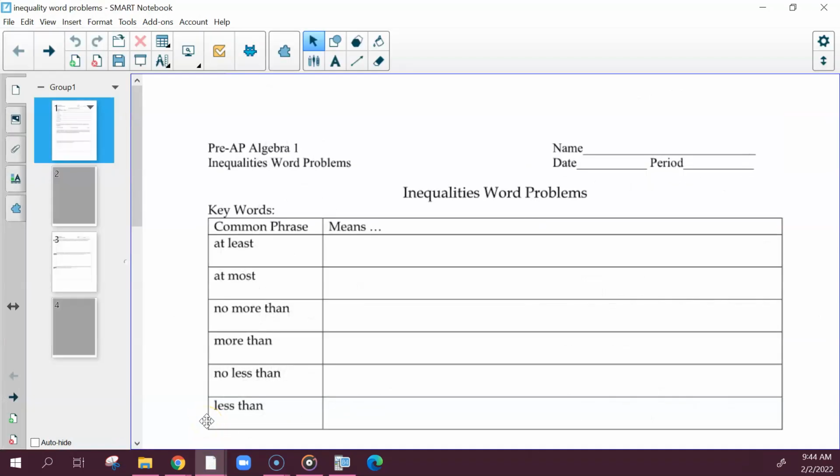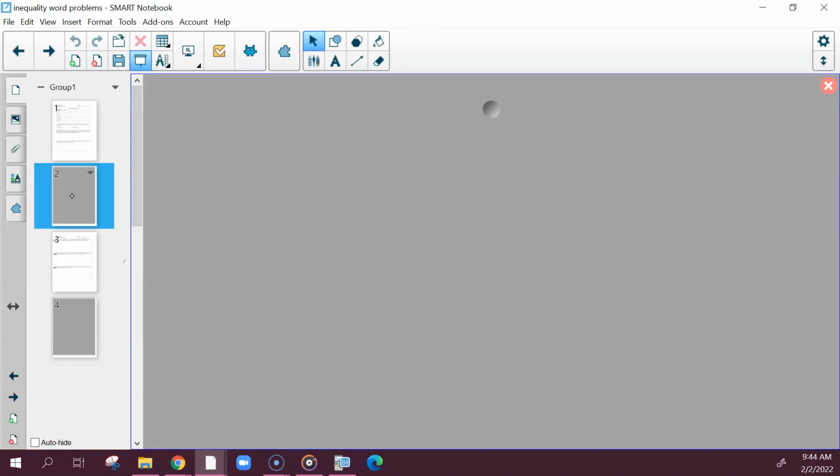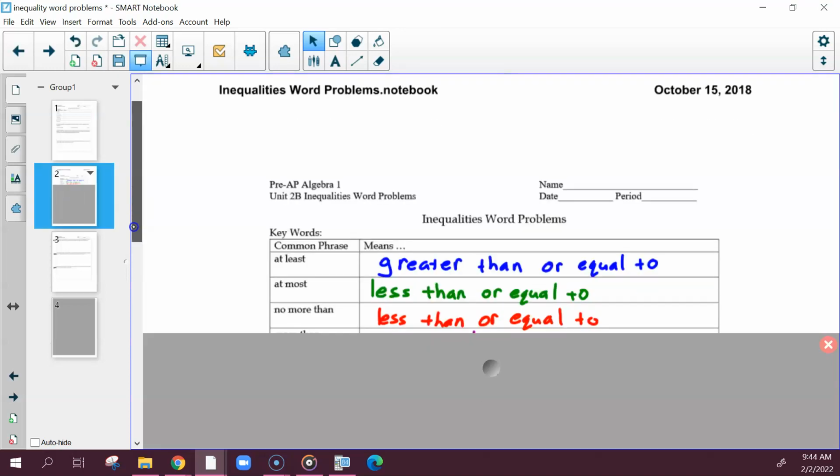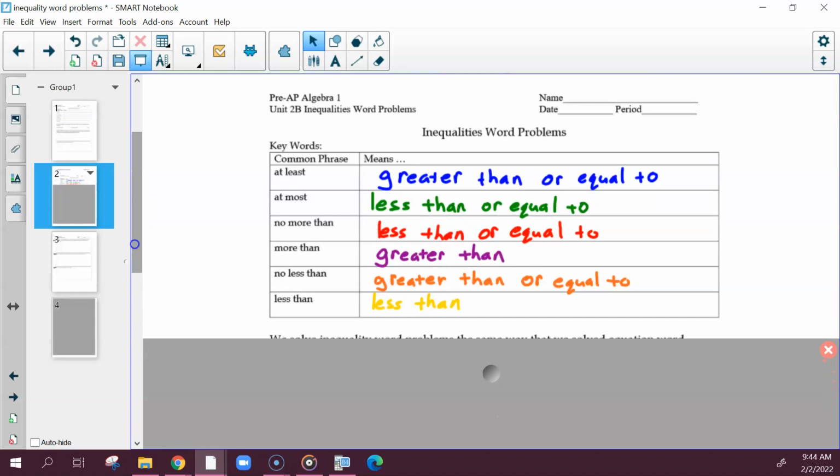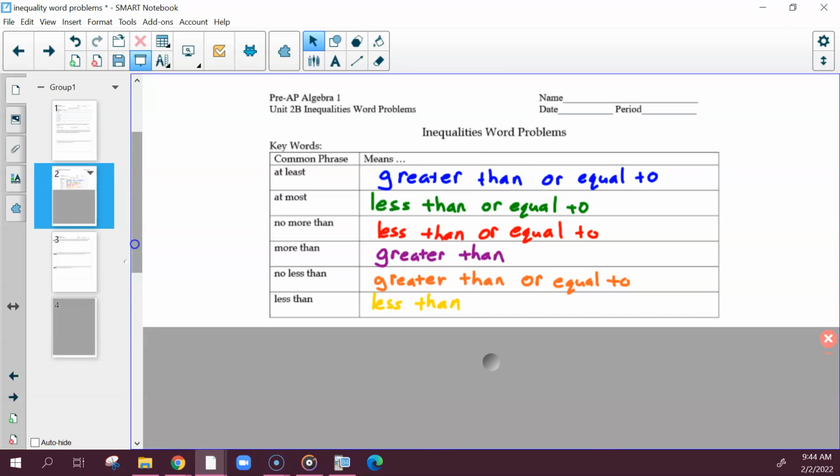So find the page that looks like this. I'm going to have you guys fill in the chart. So anytime you see these words, you should be thinking these symbols. And I'm going to draw the symbols as well.